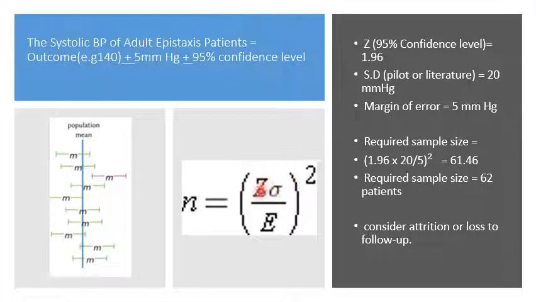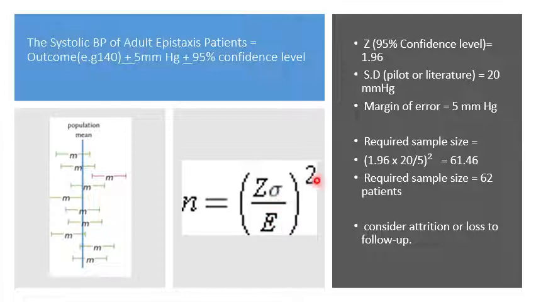The variability of the systolic blood pressure in epistaxis patients or in patients in general, known from the literature or from pilot studies, would be somewhere around 20 millimeters of mercury. So we'll plug this in, and the margin of error that we can allow would be, say, 5 millimeters of mercury. So we'll plug in 5 millimeters here.